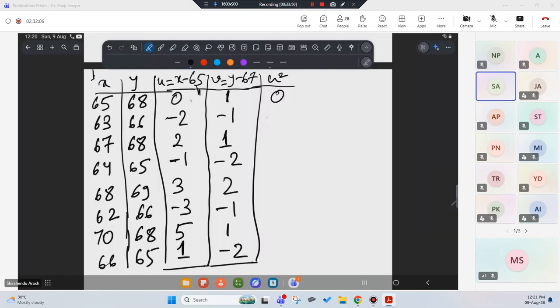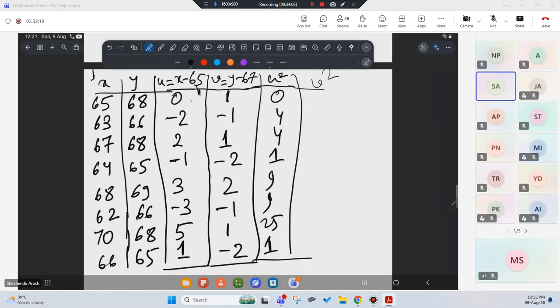So 0, 4, 4, 1, 9, 9, 25, 1, right? And for the v square, 1, 1, 1, 4, 4, 1, 1, 4.